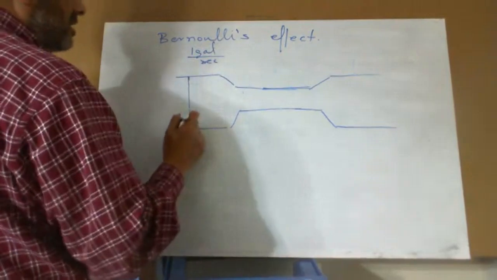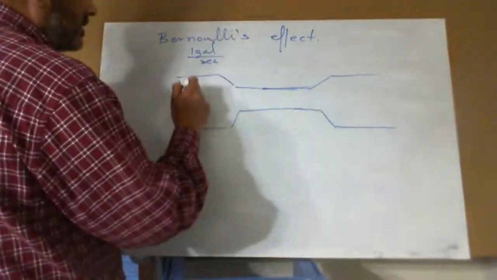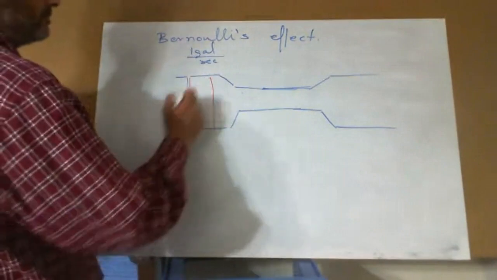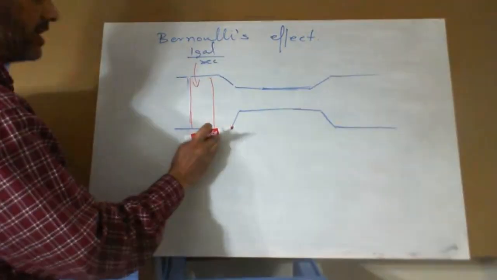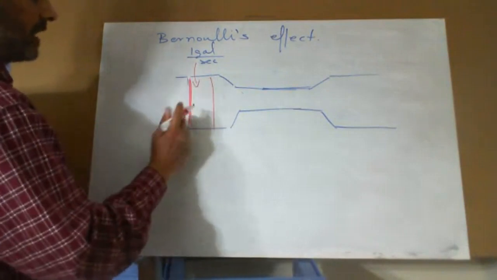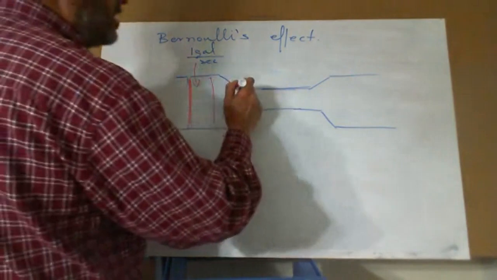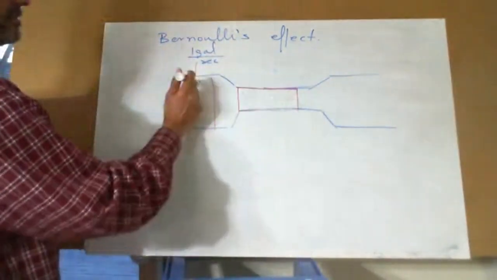So this is 1 gallon of water. Let me use a different color. Let's say that's 1 gallon, 1 gallon per second. So in 1 second, the liquid goes from here to here. This edge comes over here in 1 second. Now what about here? A gallon of water, that's 1 gallon, same volume.